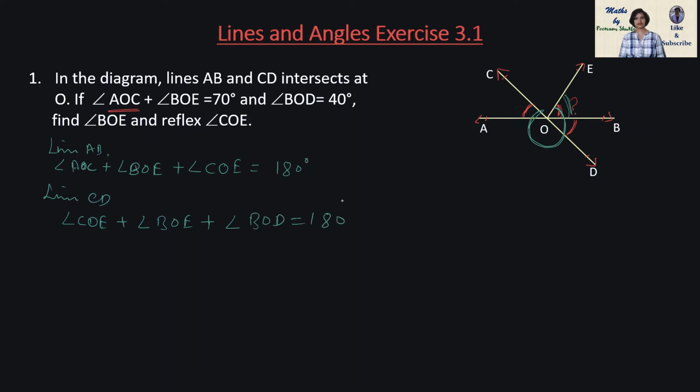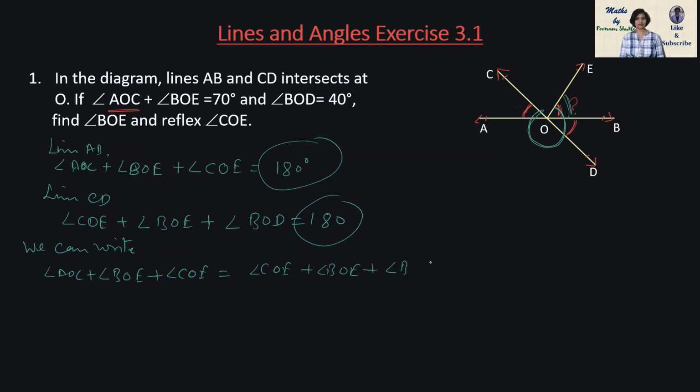So if these two are 180 degrees, we can write angle AOC plus angle BOE plus angle COE equals angle COE plus angle BOE plus angle BOD. Right?